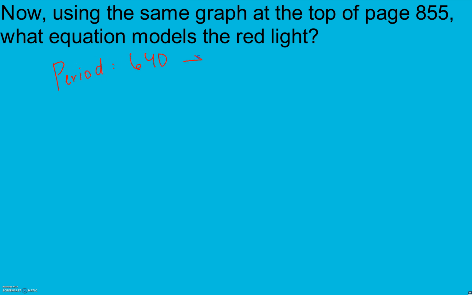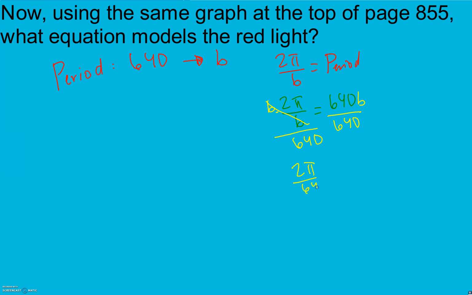So to find our b, we take 2 pi divided by b equals our period. 2 pi divided by b equals 640. Go ahead and multiply by b on both sides and divide by 640. 2 pi over 640 equals b, which is pi over 320.